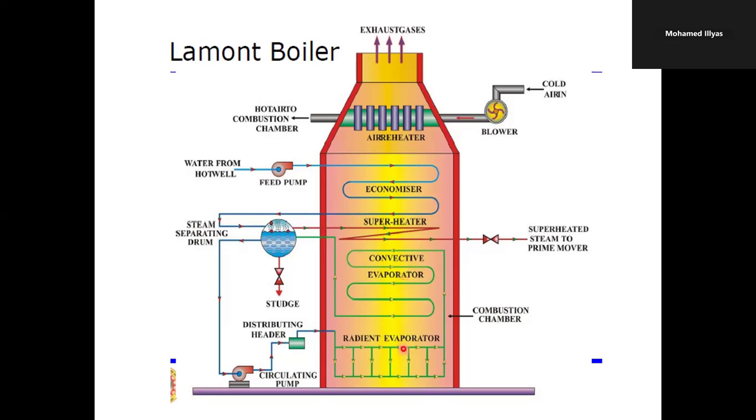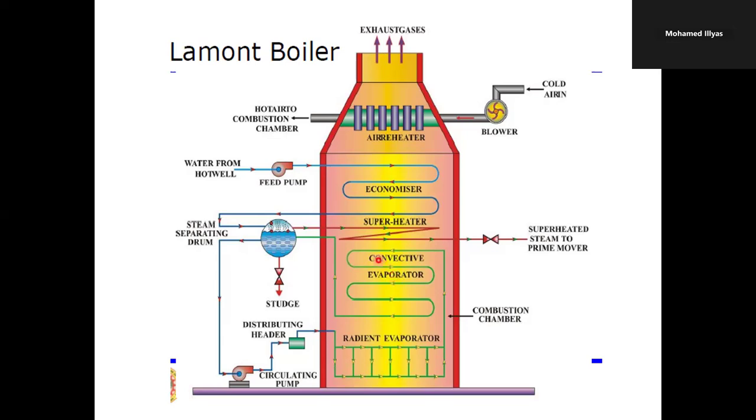So here, where exhaust gas is passing through this convective evaporator, the temperature is relatively less when compared to the radiant evaporator. So the radiation heat transfer is less here and the convection is predominant. So most of the heat is transferred from the hot gas to the evaporator tubes by means of convection.